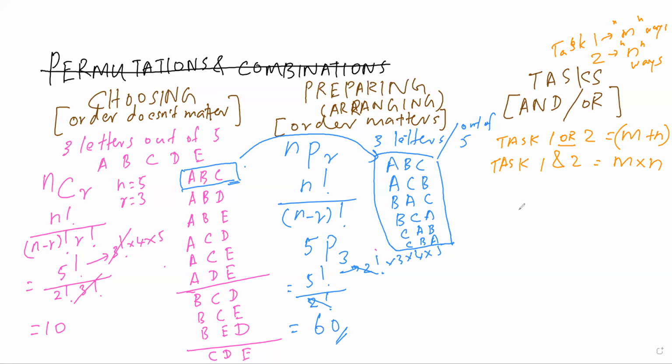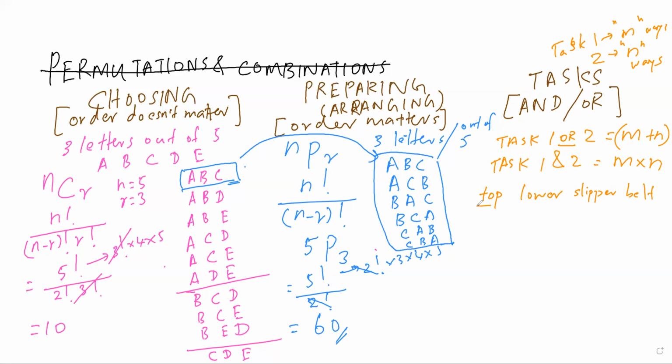So for example, how many ways are there for a man to dress up? Okay, something simple. So we will take the top, the lower clothing, and then the slipper and the belt, right?